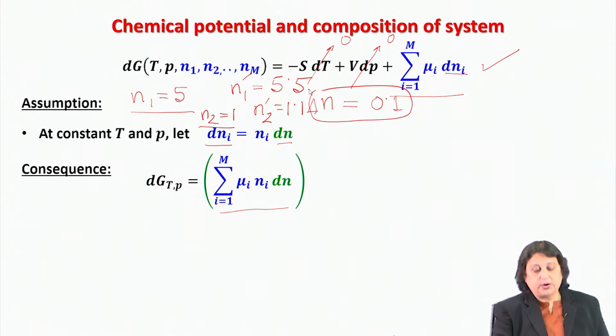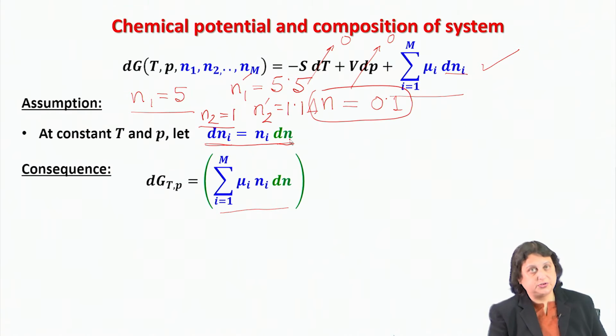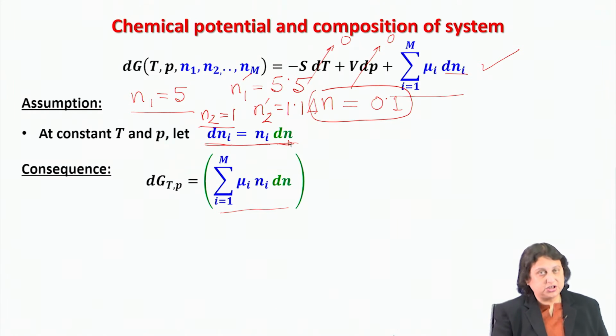So this is what I mean when, for an infinitesimal change in the composition of each type, dNi is equal to Ni into dN. And therefore, at a constant temperature and pressure, I can replace dNi here and write it like this.